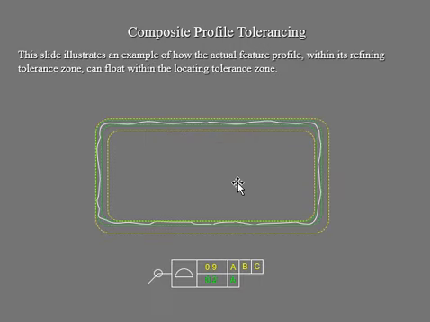Now, for your composite profile, I'm going to show you how your actual feature profile is going to stay within the refining tolerance zone, which is the green one. See that? It is located right here within the other tolerance, the 0.9 zone, and the green one is the 0.2 zone.